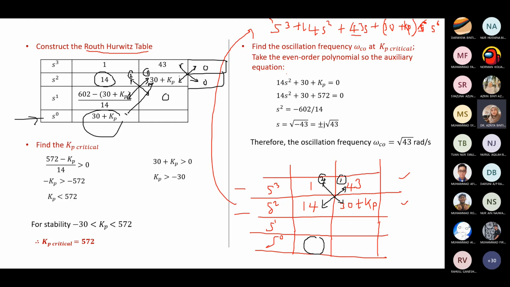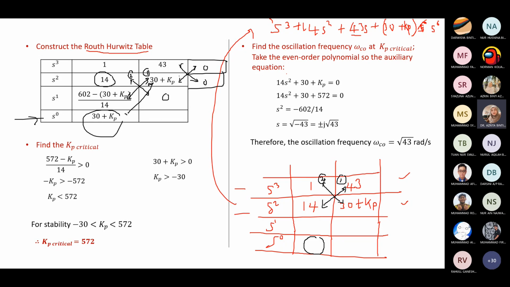Usually we don't calculate it, we just copy this value 30 plus KP for the last row, s power of 0. So this is the way to construct the Routh table.